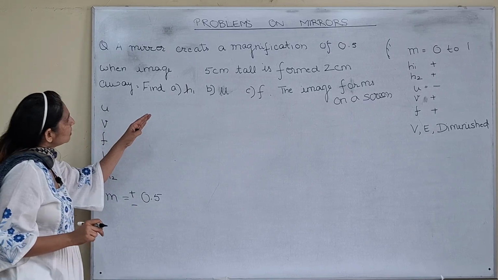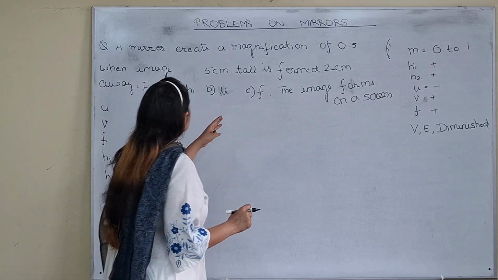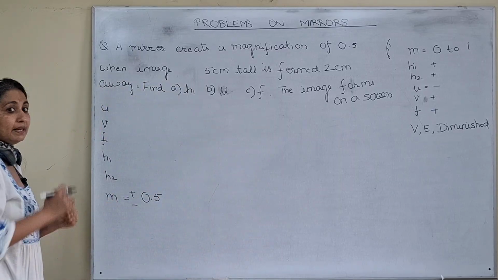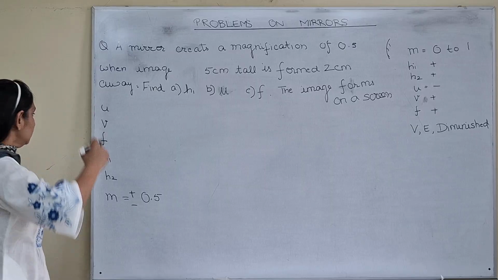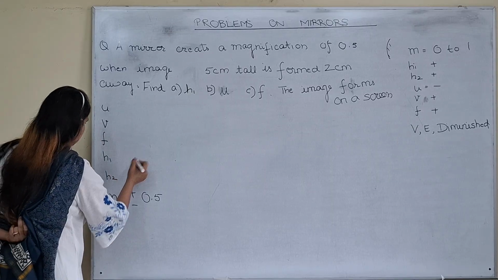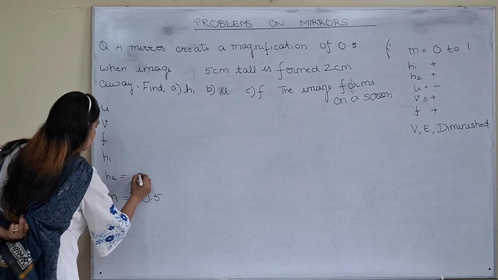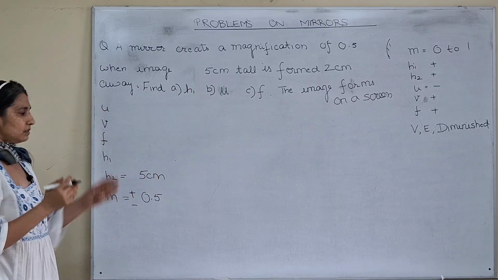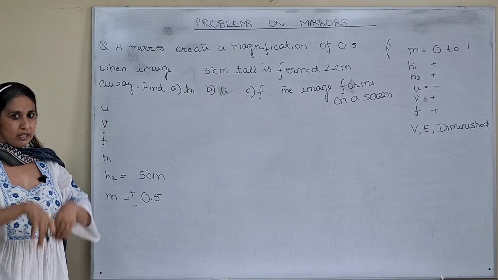When image 5 centimeter tall. What is this? The image is 5 centimeter tall. So image height is 5 centimeter, but we still don't know whether it is erect या वो inverted है.